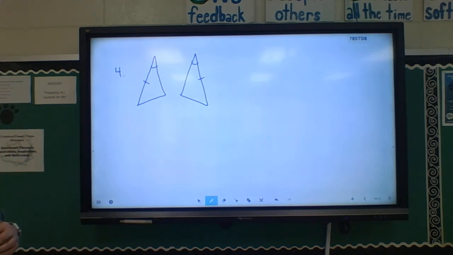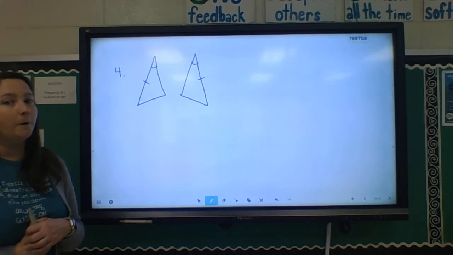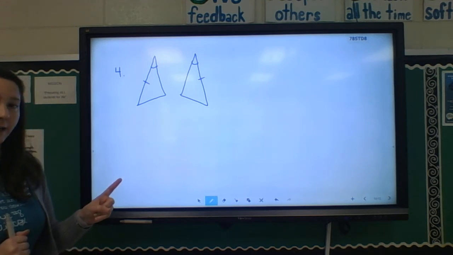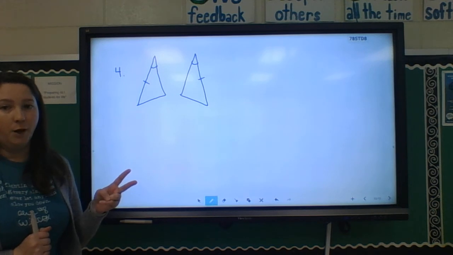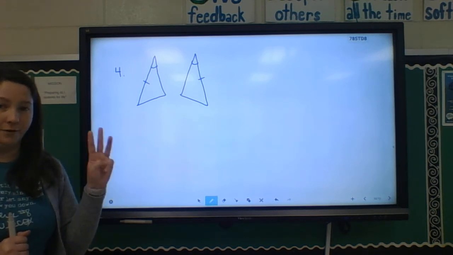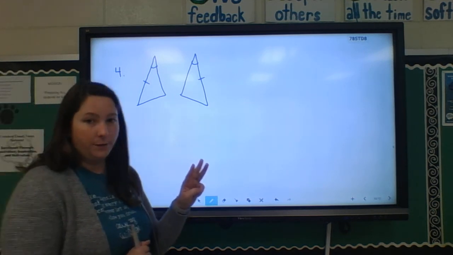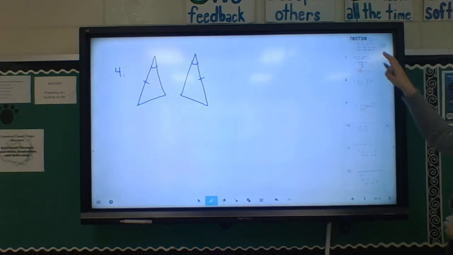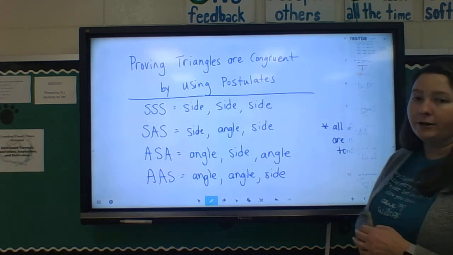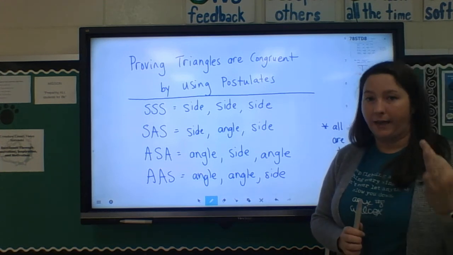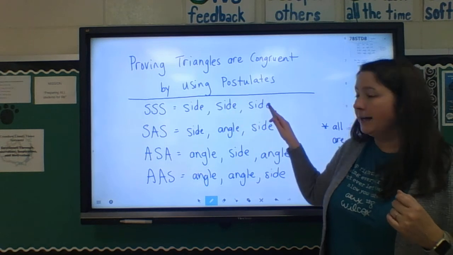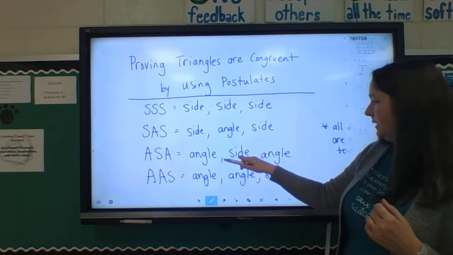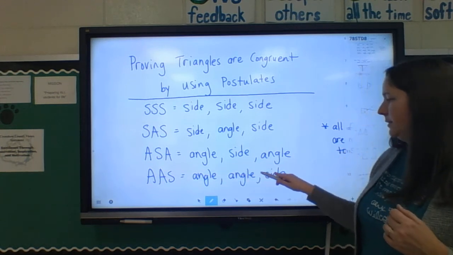What about number 4? Uh-oh. We only have a side marked and an angle marked. We have to have 3. When I was going over all my postulates, every single postulate had 3: 3 sides, 2 sides and an angle, 2 angles and a side.